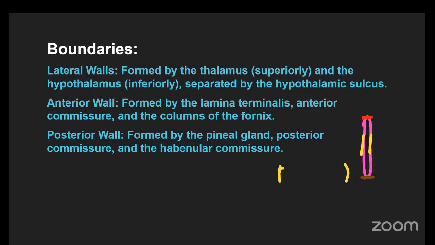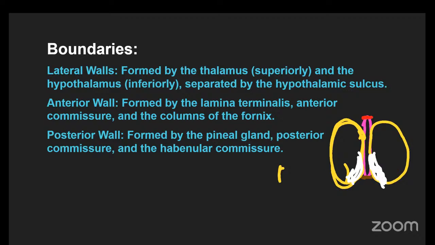So the lateral walls that you see here are actually made by 2 thalami. It looks like a butterfly. I would like you to assume that it looks like this butterfly, and the thalami are making up a major chunk of the lateral walls. Apart from the thalamus, obviously the most logical thing to think of would be the hypothalamus, because under the thalamus, we have the hypothalamus.